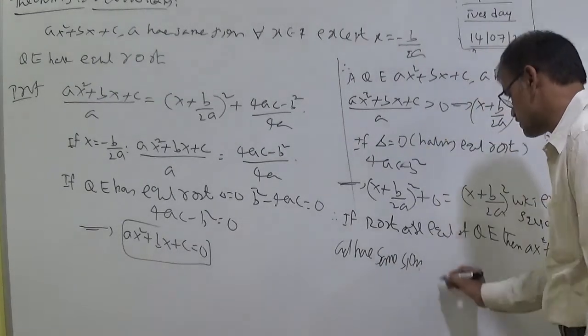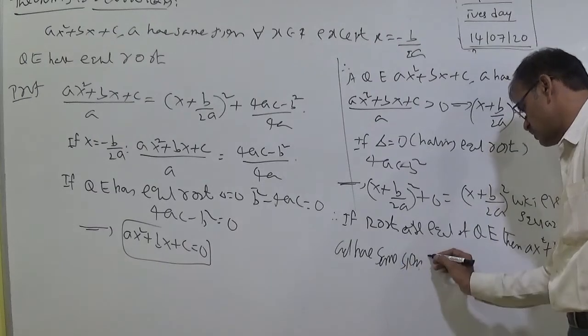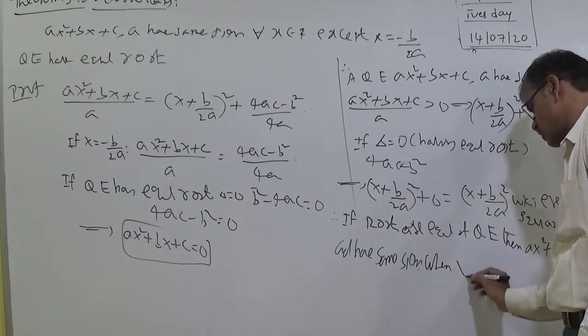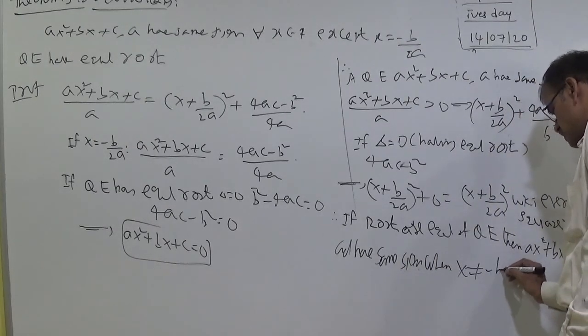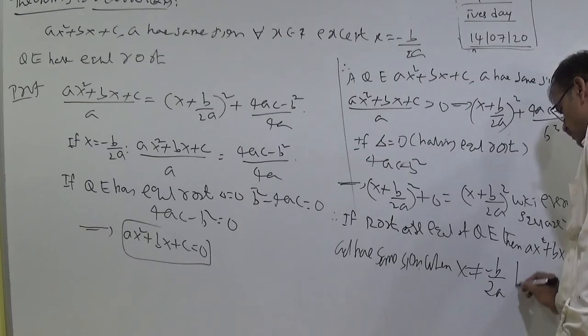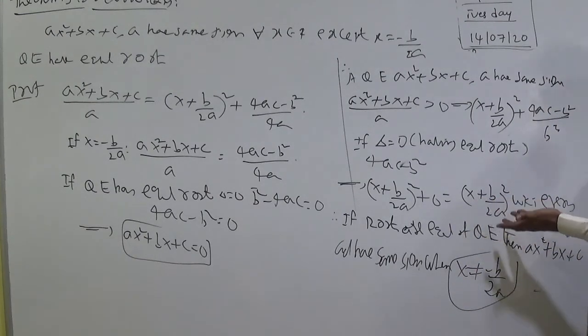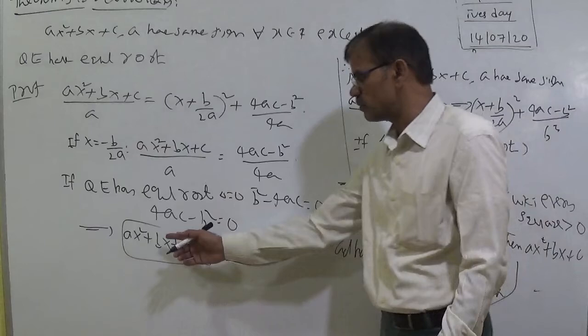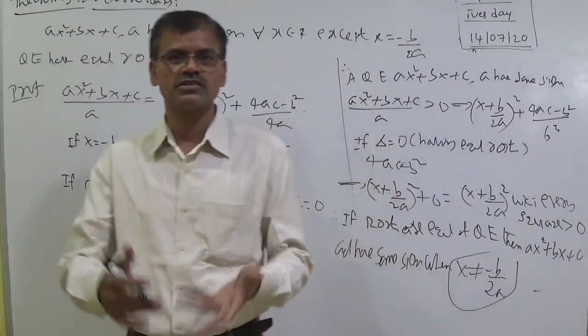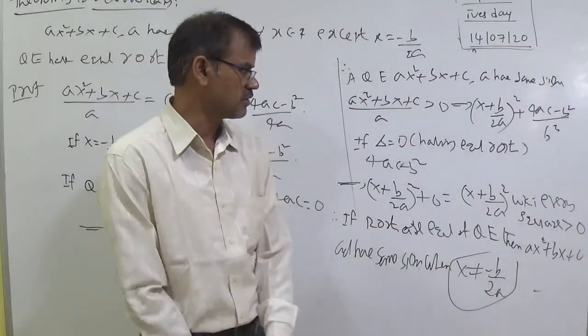That too, students, when x is not equal to minus b by 2a. If x is equal to minus b by 2a, what will happen? Minus b by 2a plus b by 2a will cancel, it becomes 0, and you will get ax square plus bx plus c equal to 0. There is no use in a simple quadratic equation.